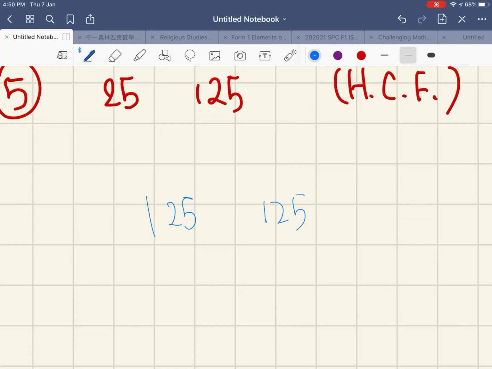We know that 5 can be divided by 25 and 125. Since there is still one common factor between 5 and 25, we will continue calculating.